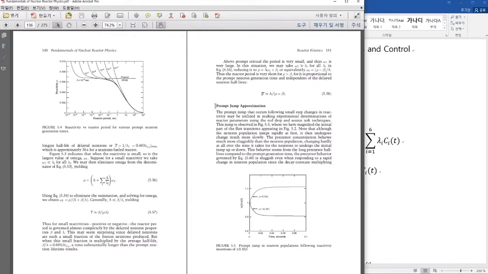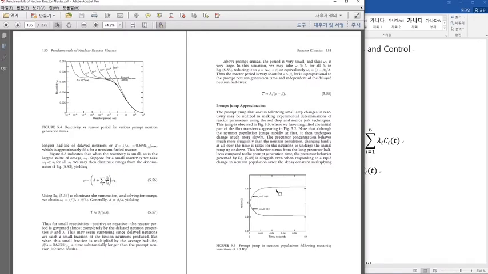The prompt jump approximation is the next one. Previously I told you that to exactly describe this part, in a very short time, in this case the time span is less than 0.1 second, this prompt jump is usually resulted by the prompt neutrons.